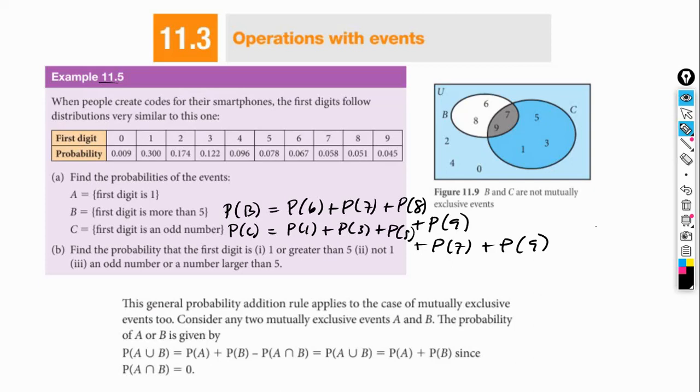But then what I want to focus on is part B, number 3, which says find the probability that the first digit is an odd number or a number larger than 5.